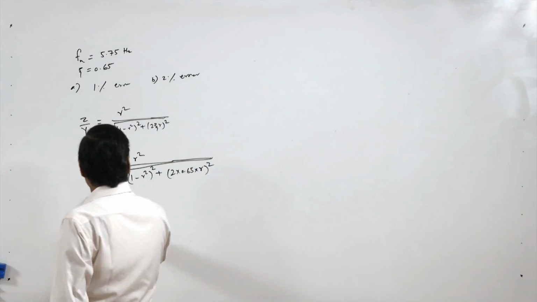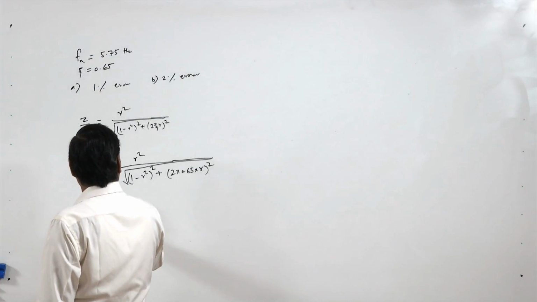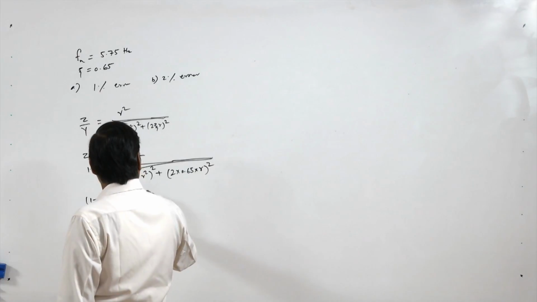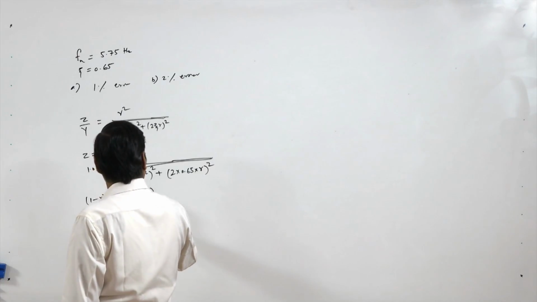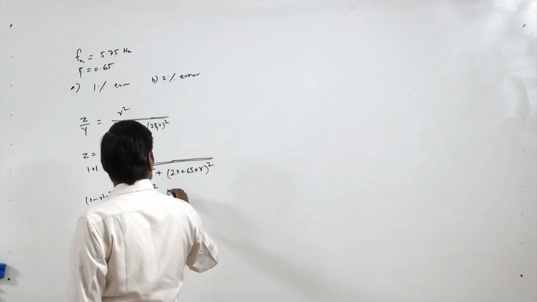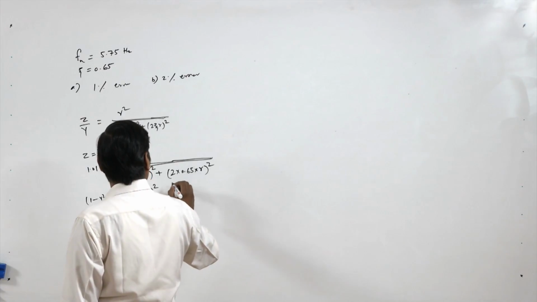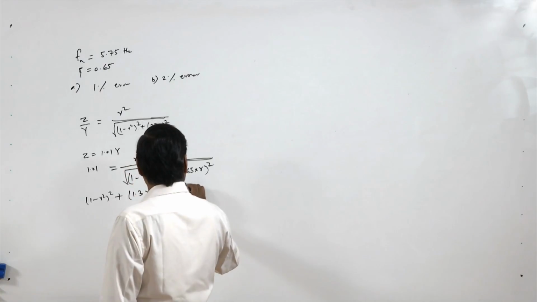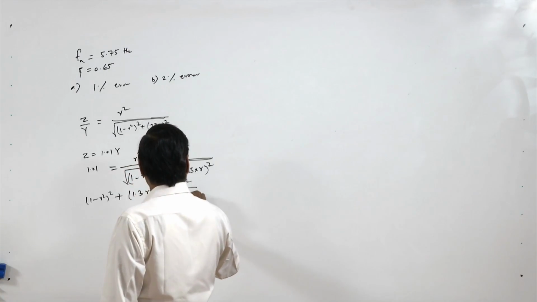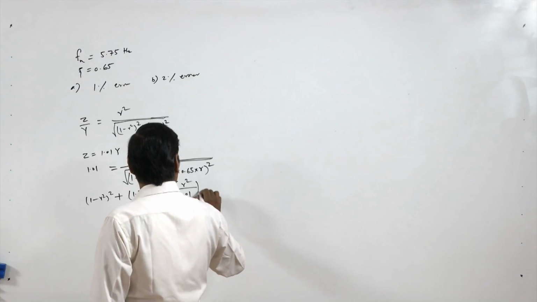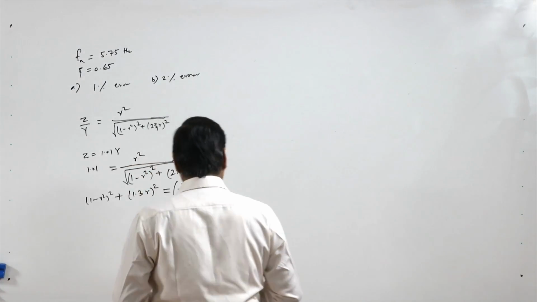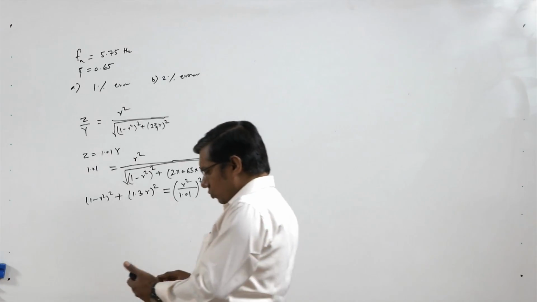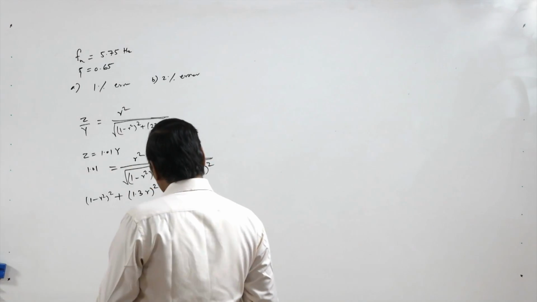So now we can solve: (1 minus r square) whole square plus 1.3 r whole square equals r square upon 1.01 whole square. We need a calculator to solve this.